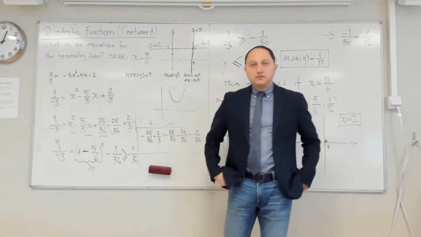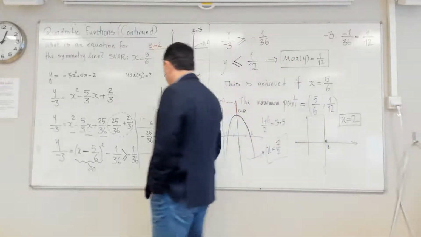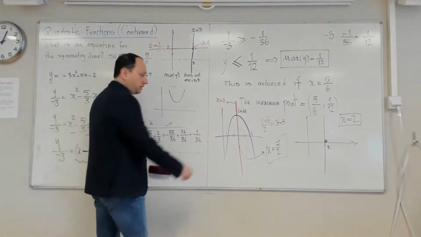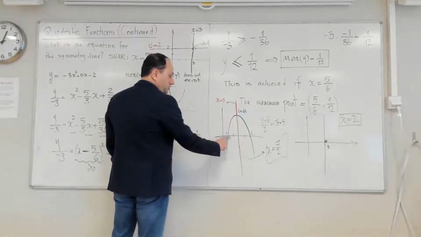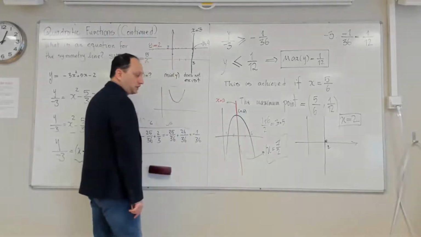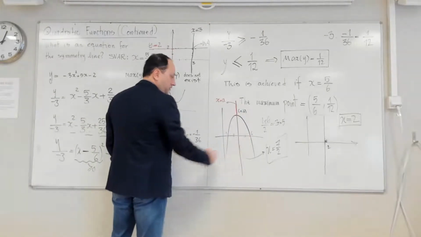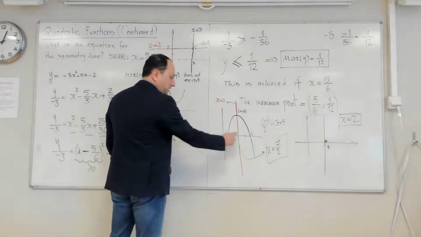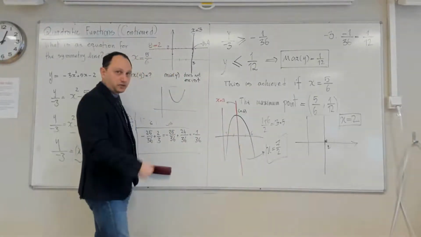An alternative way to do that is clear in this picture. When this is supposed to be the line of symmetry, if these two are roots of the equation, it means that they are also symmetric with respect to this line. So if I succeed in finding the middle point between these intersection points, I am done.